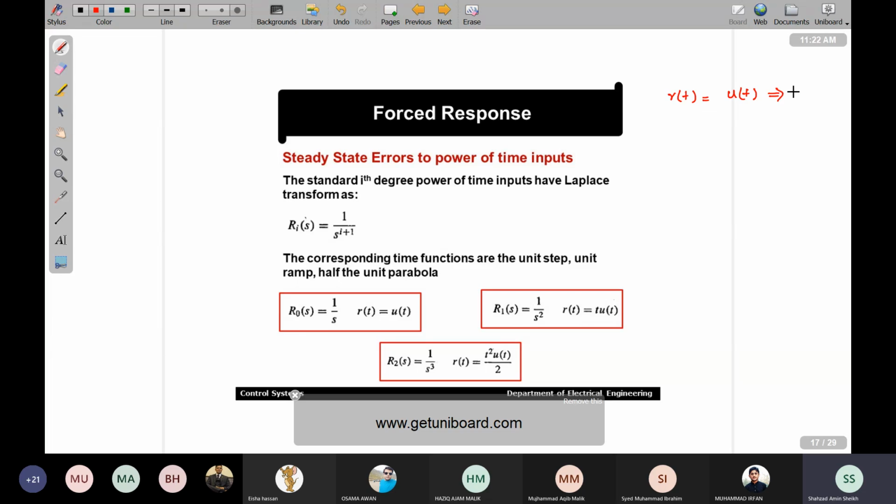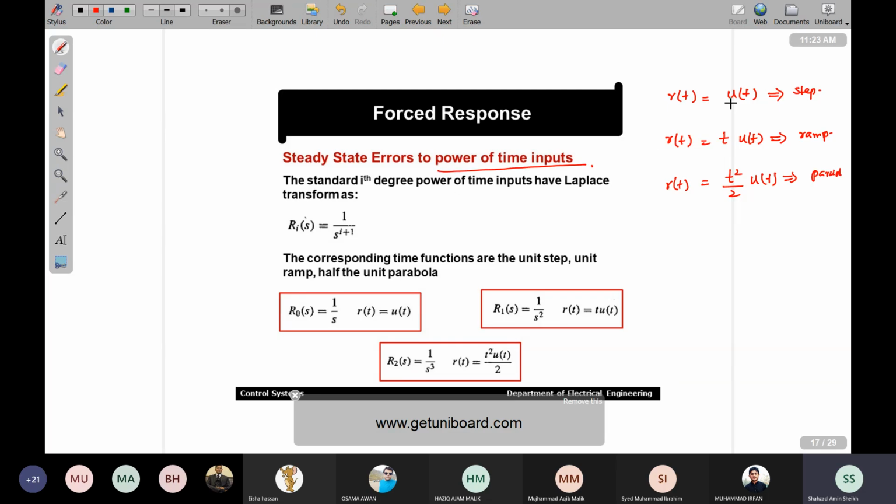It is step function या unit step function, ऐसे ही है। यस सर। ओके, अगर मेरे पास RFT जो है that is equal to t u of t, this is ramp, agree? यस सर। ओके, अगर मेरे पास RFT जो इसी तरह से मैं पावर बढ़ाता जा रहा हूँ, in fact t raised to power 2 u of t, that is in fact parabolic, half parabolic input.